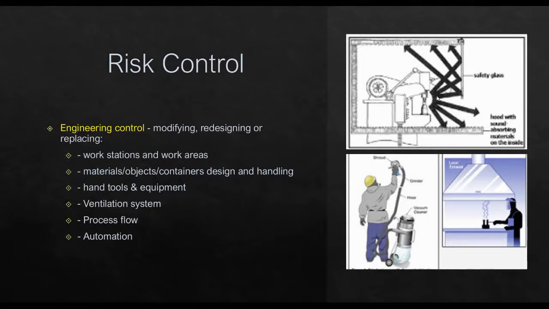Dalam proses dia cutting the wood, maybe sometimes the woods might be terpelanting lah. Kalau tak ada safety glass ni, maybe dia akan terpelanting kena muka operator. That's another risk lah. So in order to control that risk, okay, we can put the safety glass in order to protect the operator.